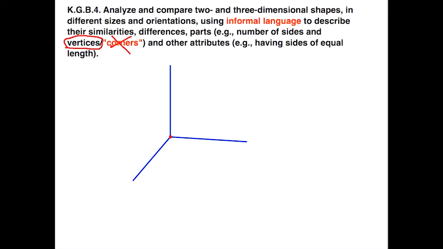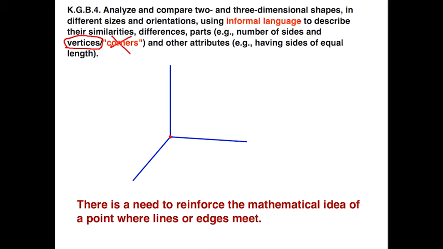So to be more correct, we really should use the mathematical term vertex or vertices rather than corner, because the informal use of corner doesn't really get us to where we want to be. Again, there's a need to reinforce the mathematical idea of a point where lines or edges meet, and that's not going to happen using the term corner.